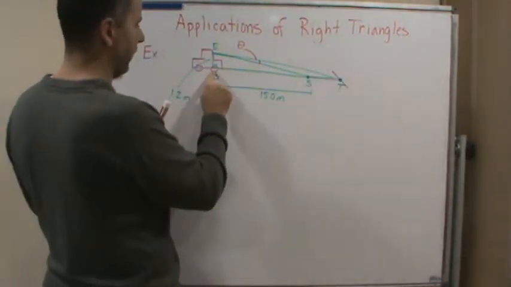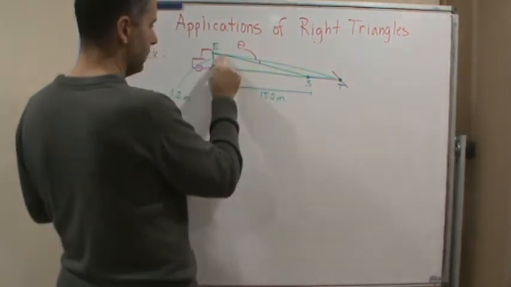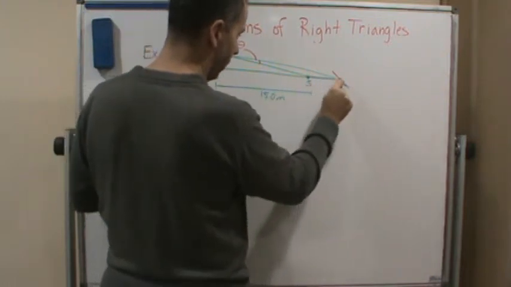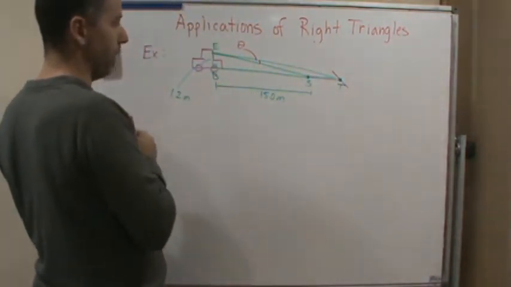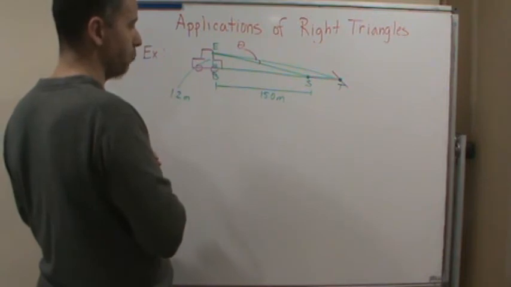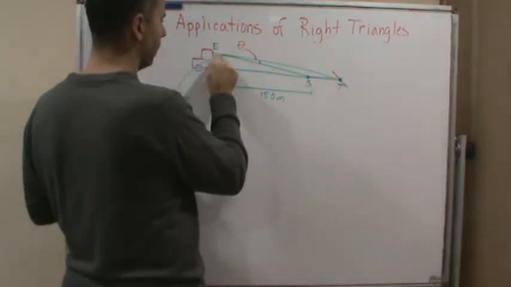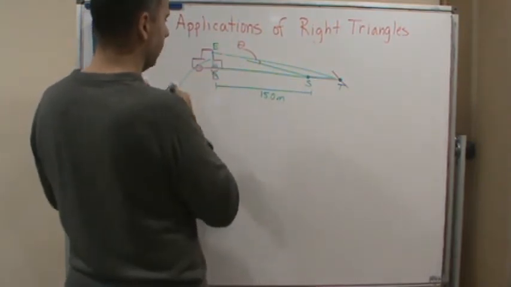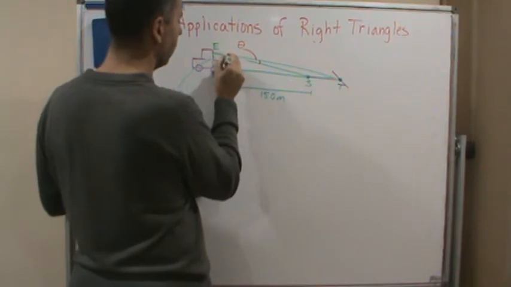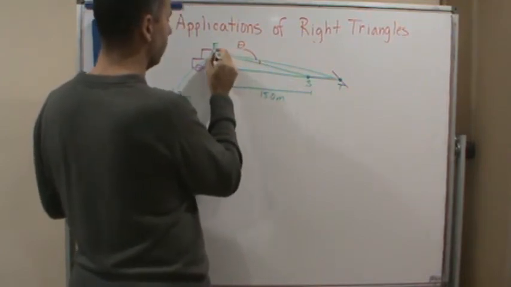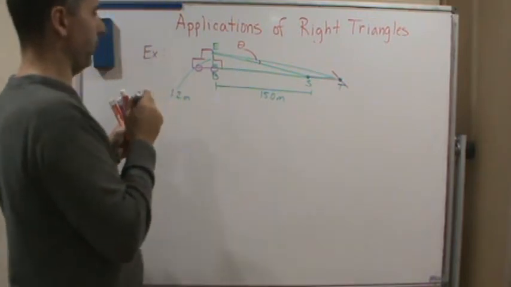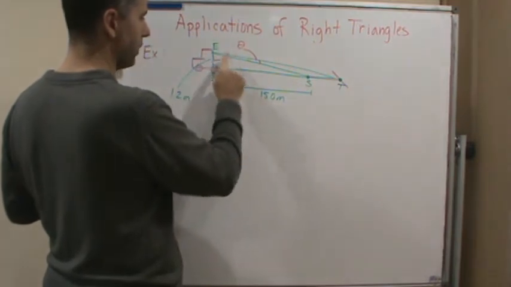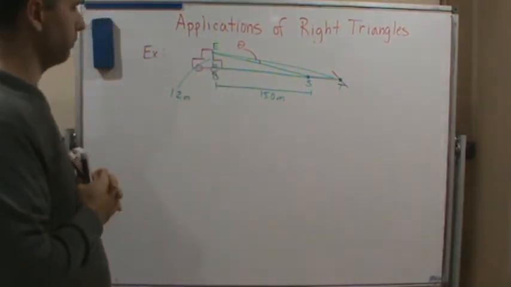There's the right triangle that goes from here to here, and then another right triangle that goes all the way to here, just like in the previous example. Maybe it's easier to see this way. So I've got a bigger triangle and a smaller triangle.